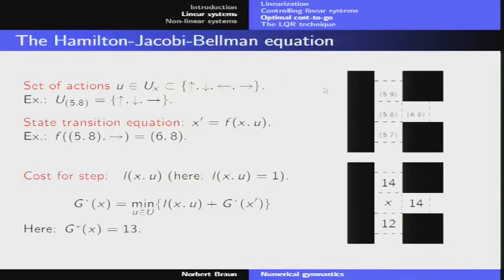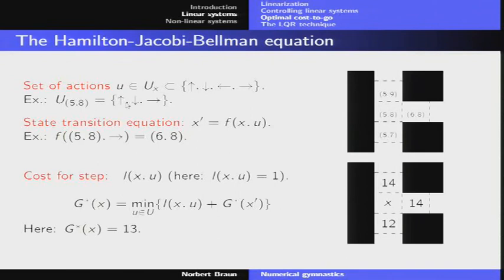Then we have to think about what kind of equation this cost to go will fulfill. Let's assume we are in some place, and then we have a set of actions. If we remain with this maze example, if we are here, we could go up, right, or down. So the set of actions for this place are these three.